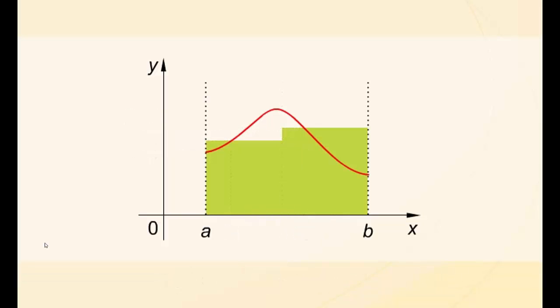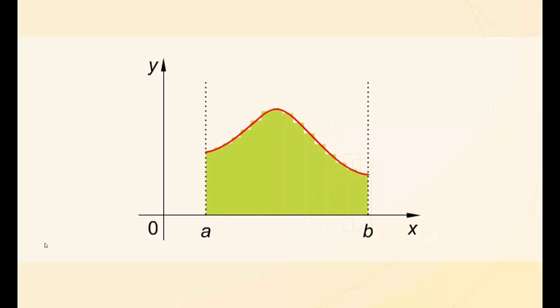We can get a better approximation if we divide the interval from a to b into smaller subintervals and use them as bases for new rectangles. The rectangles cover more and more closely the region between the graph of f and the x-axis.